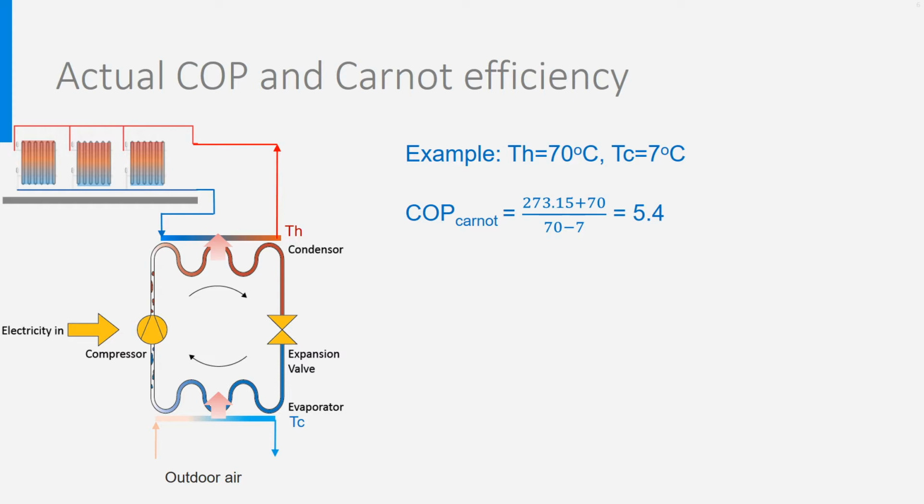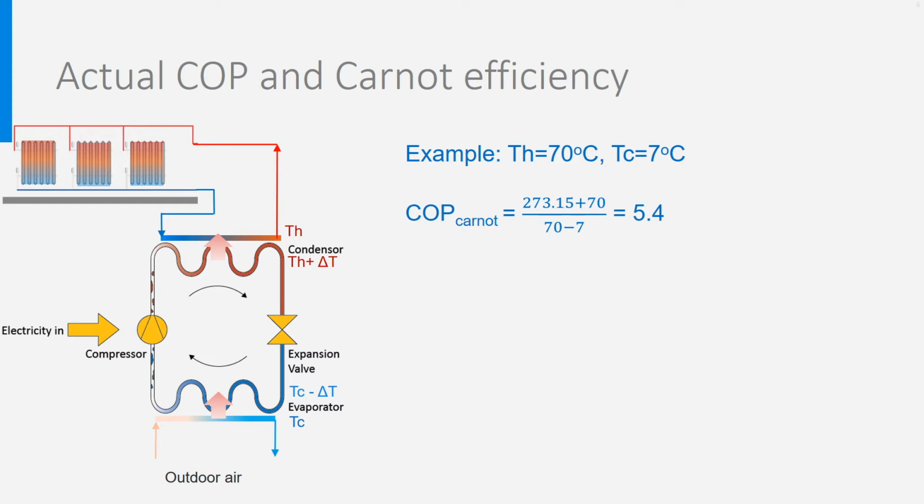the outdoor air. Perfect heat exchangers do not exist, and there must be a temperature difference between the outdoor air and the refrigerant in the evaporator, and also a temperature difference between the central heating water and the refrigerant in the condenser.